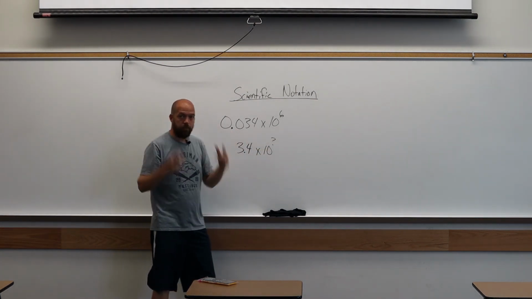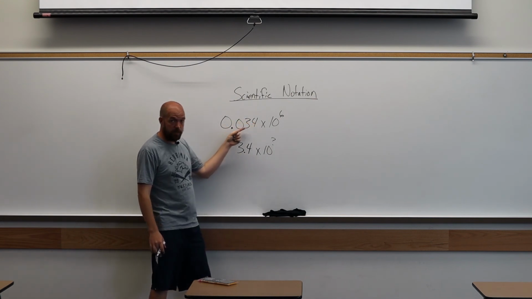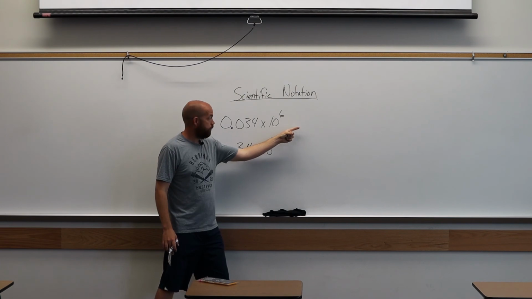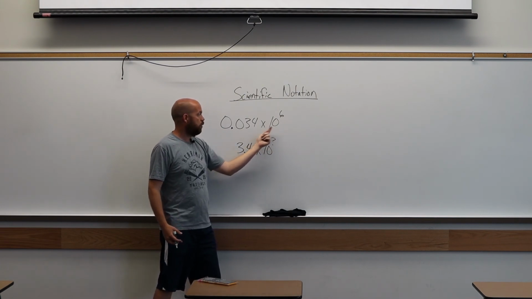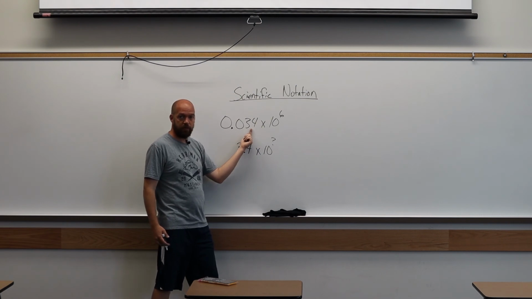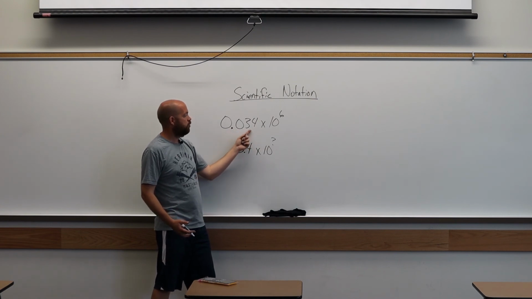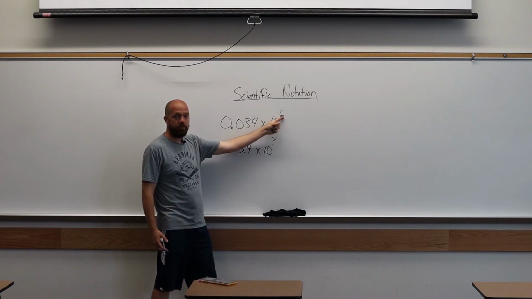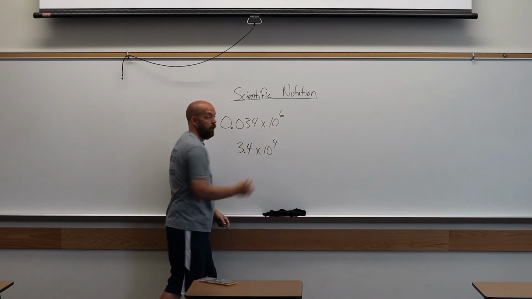So in my mind, I'm looking at it like, okay, well, what number is this? If I move the decimal 6 spots to the right, and then I came back to see where it's supposed to be, am I going to go less than 6 or more than 6 spots to get back to the spot? Less than 6. So that tells me, okay, so it's 2 spots here, so it's going to have to be 2 less than that, so it's going to be 4 spots. This would be to the 4th power.